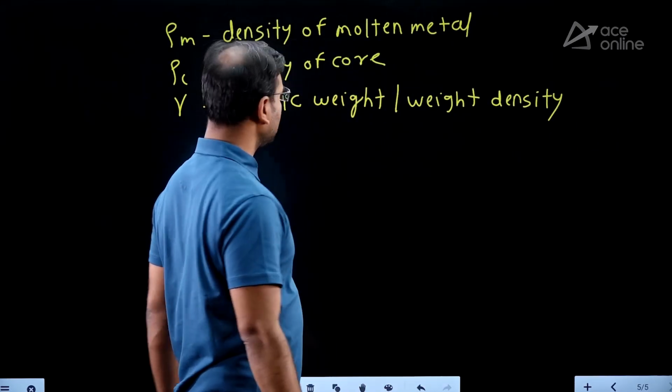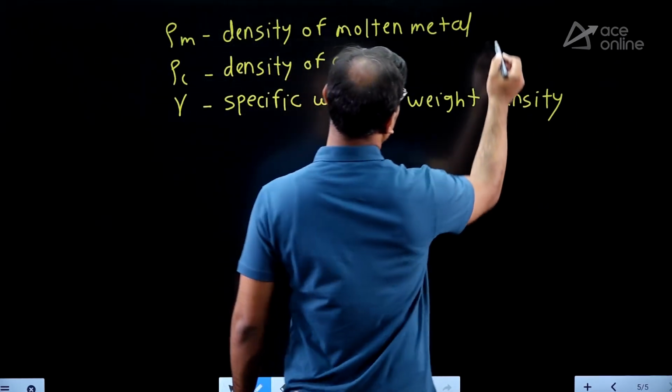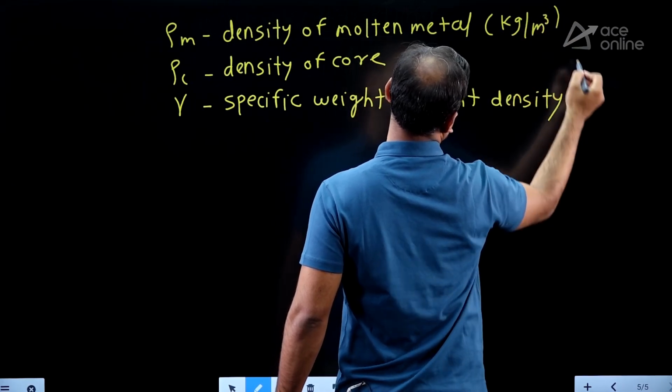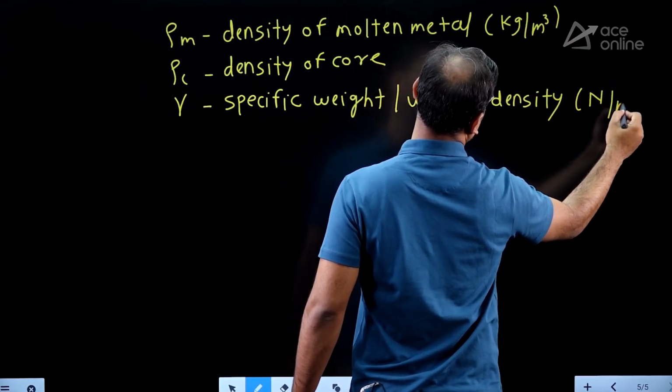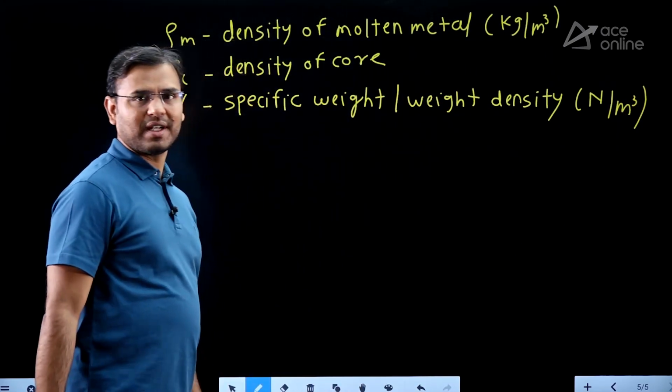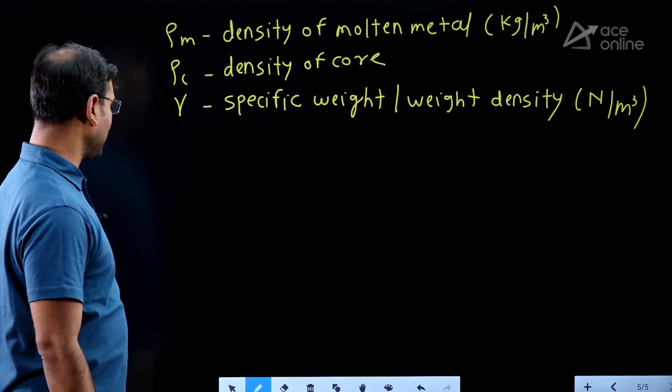What is the unit for density? The unit for density is kilogram per meter cube, and specific weight or weight density has the unit Newton per meter cube.